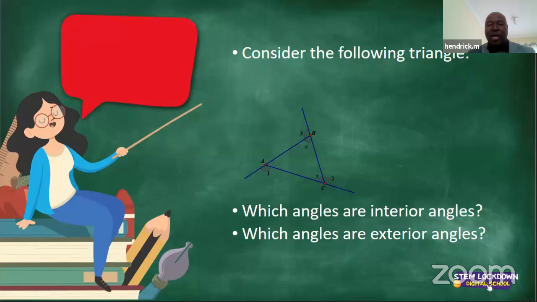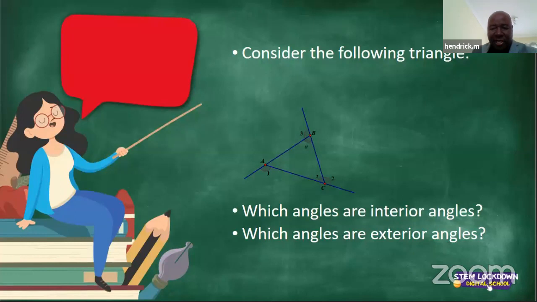Now I want you to tell me, looking at the triangle ABC, you can see there we've got several angles. Let me mention the angles that we have. We've got angle A1, we have angle B3, as well as B1. You can see this Y there.